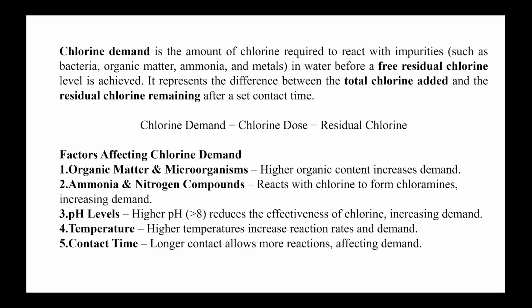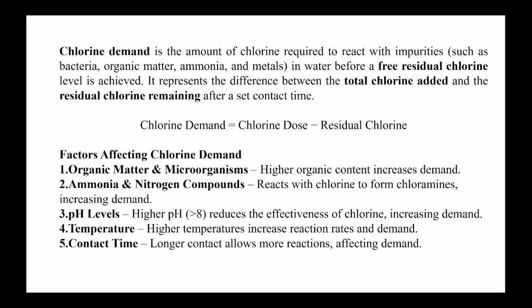Because at higher pH, the chlorine will primarily be in the form of hypochlorite ion, but we want it in the form of hypochlorous acid. So if the pH is very high, then the chlorine will not be very effective, and thus we will require more and more chlorine. So at higher pH, around more than 8, the chlorine demand will increase.